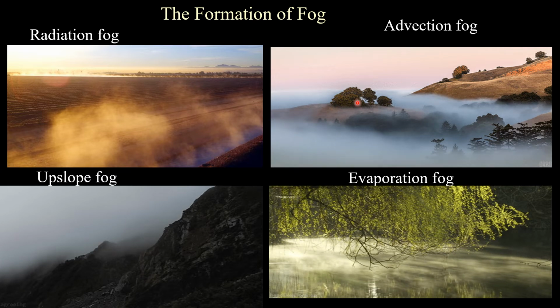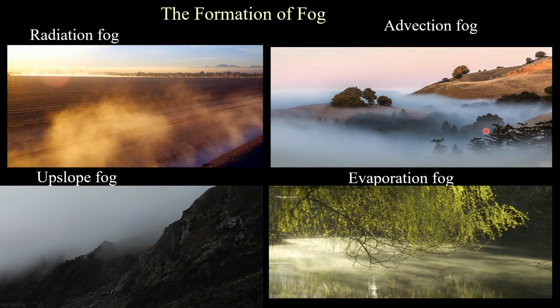So advection fog is something where advection means horizontal movement. So fog is created, and that fog is moving from one place to another place. This advection fog can initially be produced by radiation fog, evaporation fog, or upslope fog, but it has to be moving from one place to another, and the wind carries it from one place to another.